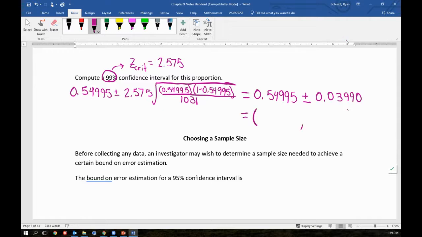On the interval, we'll do 4 decimal places. You may be wondering, why is our answer at 4 decimal places, but we do all our calculations to 5?